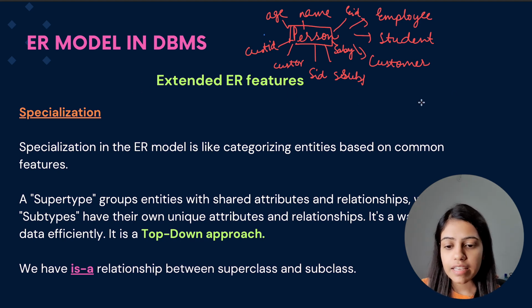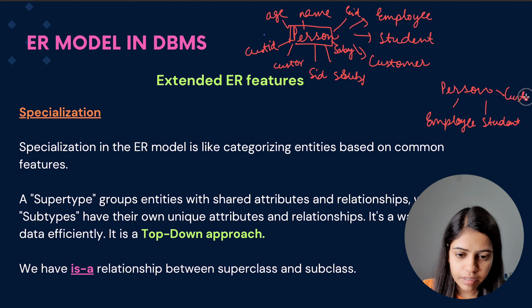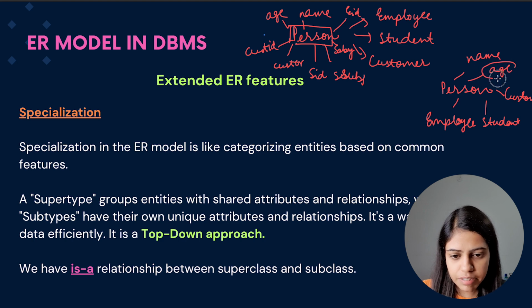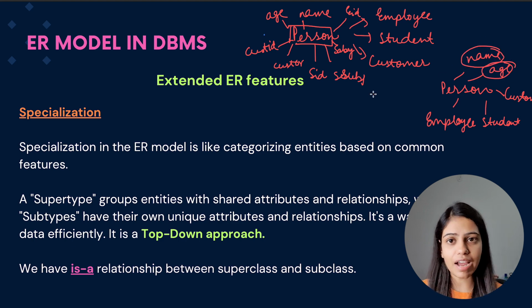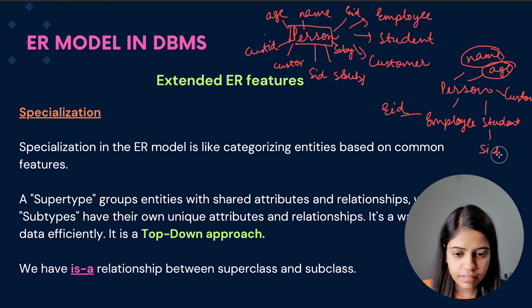So what we do is we split, or subgroup, the person entity into different sub entities such as employee, student and customer. The attributes which are the same in all three, that is name and age, stay with the person, and the distinctive attributes which are not common among employee, student and customer, such as employee ID, student ID and customer ID, are provided to them.